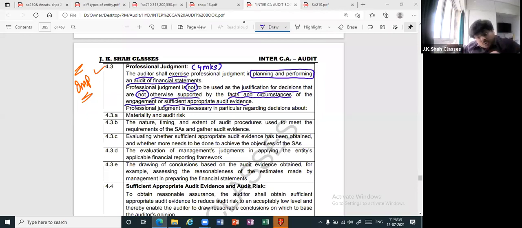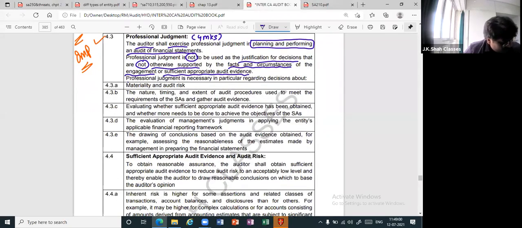I will also use my judgment in the matters where there is evidence, to decide whether that evidence is also correct or not. You understand English? So ultimately, is judgment only to be utilized when there is no audit evidence? No. Judgment is to be also utilized even when there is audit evidence. Now do you understand? Okay, come on.